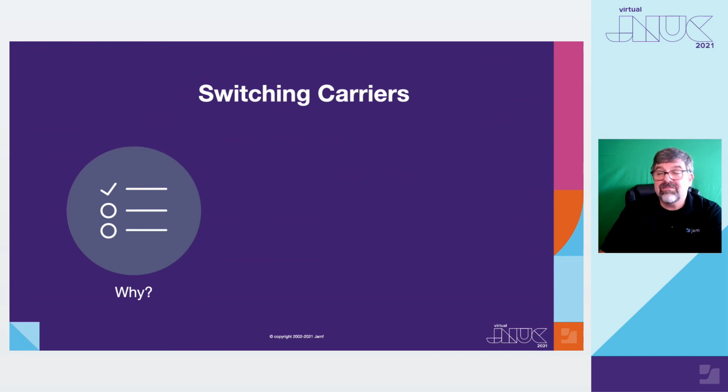Some carriers have better coverage in some areas for data within the city limits. I have personally seen on the same device one carrier providing a speed over their cellular network of 2 megabits download, and then switching to another carrier, seeing 50 megabits per download. The other option is your contract could be up.